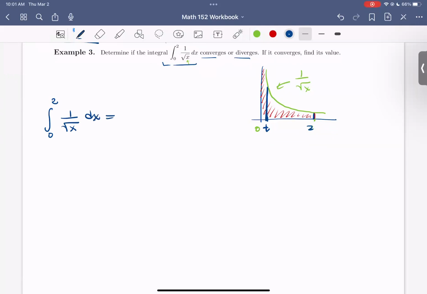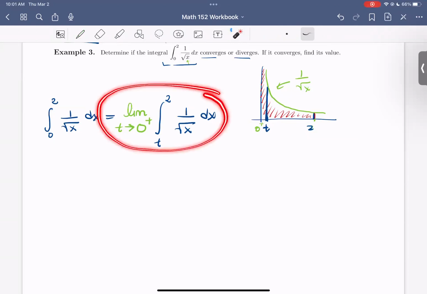But that's going to be the integral from t to 2 of 1 over root x dx. And now what will our limit look like? Well, we want to take that t to 0, but from the right side, so from the positive direction. So here is the integral that we actually need to compute.